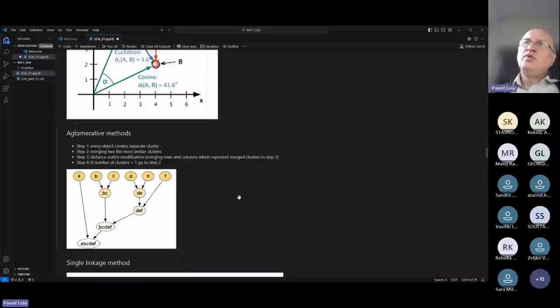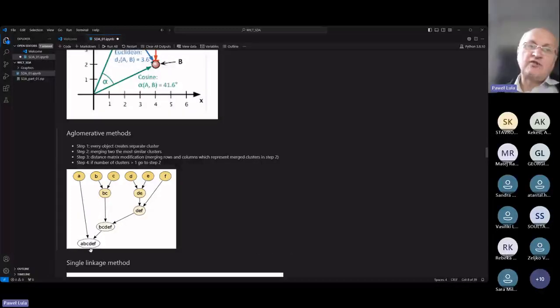So now we know the main features of the agglomerative approach. First, every object forms a separate cluster, and during consecutive steps we try to join, to merge objects which are similar to each other.